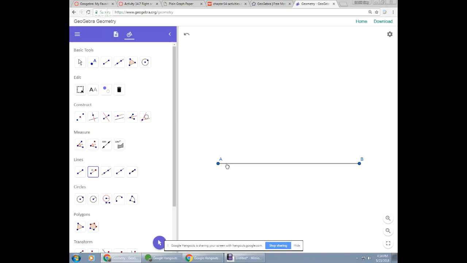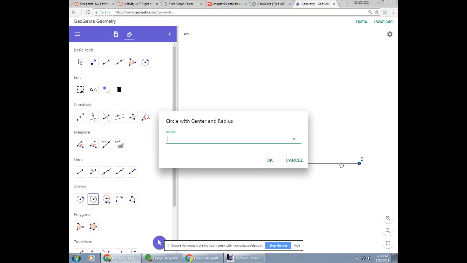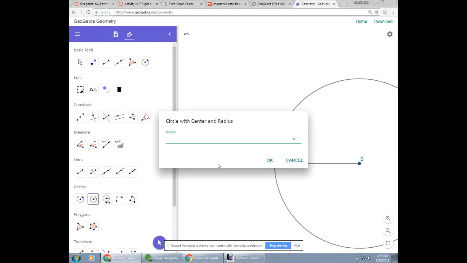So if I have a square that's 36 in area, that means the side length is 6. So I use a circle with a center and a given radius, and I say the radius is 6. The other square was based on 64, and so that would be 8 squared. So then I'm going to draw another circle from A, and that one's going to be an 8.